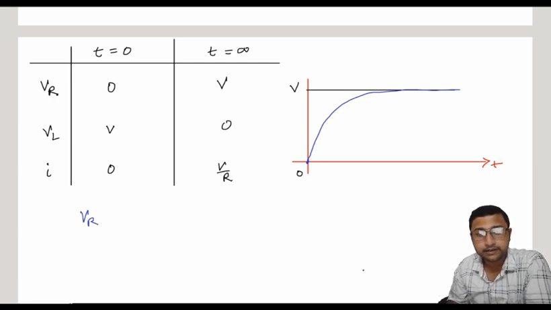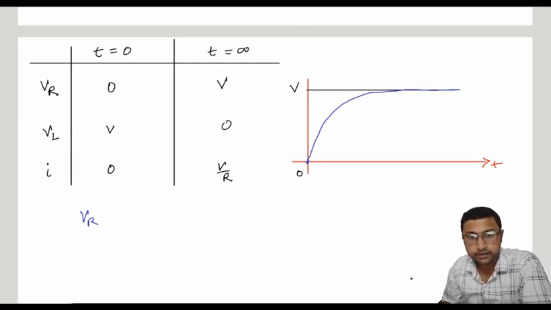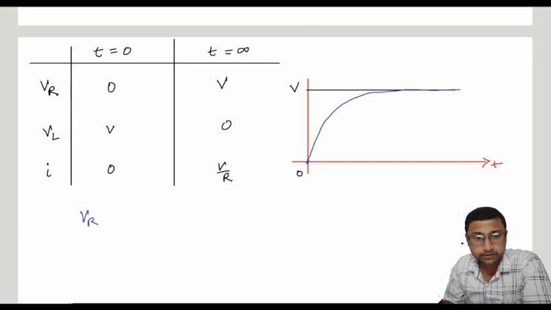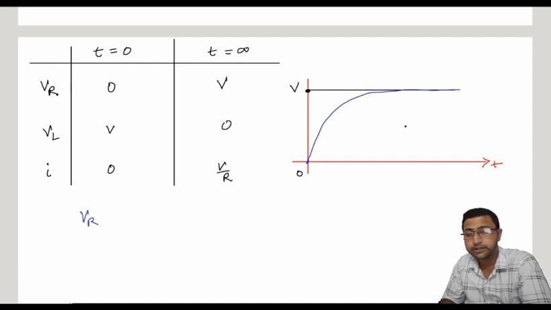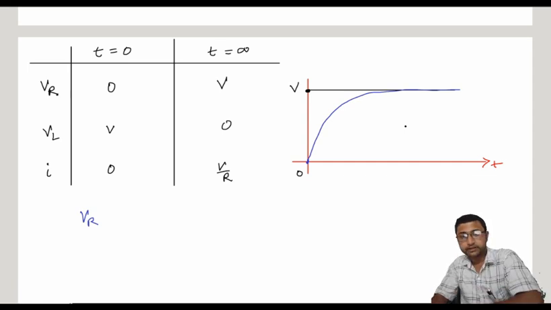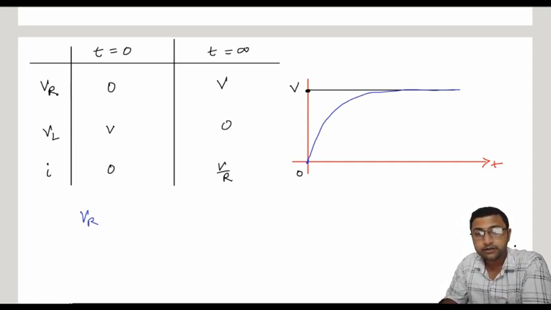Next, VL. If I take this color to mark VL, at t equal to 0, VL will be V. That means it starts from the supply voltage position V. At t equal to infinity, it reaches the initial value, that means 0.